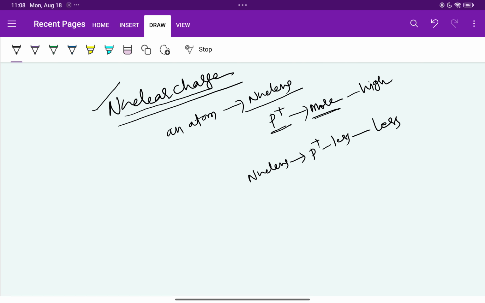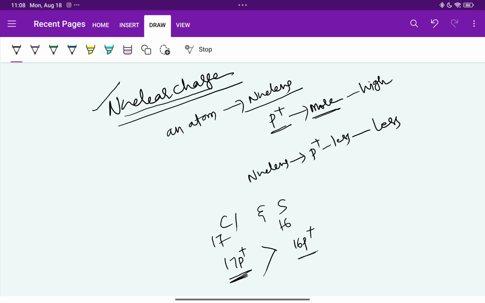A very simple example: I am taking chlorine and sulfur, atomic number 17 and atomic number 16. So chlorine has 17 protons, sulfur has 16 protons. Where is the nuclear charge more? Chlorine, because it has 17 protons, and sulfur has just 16.